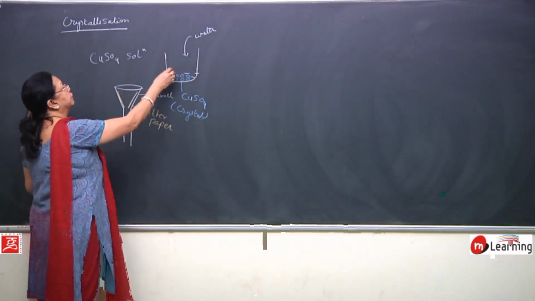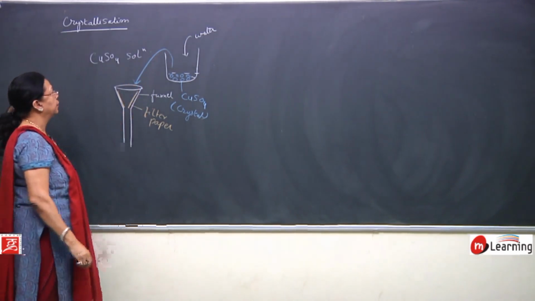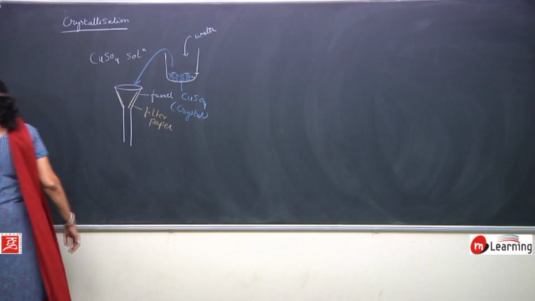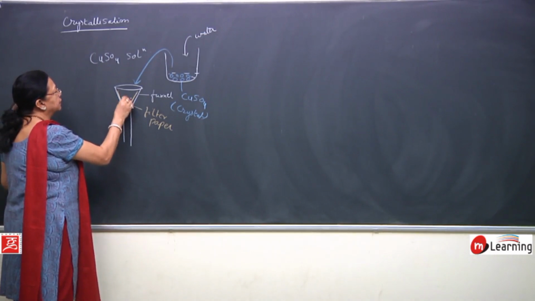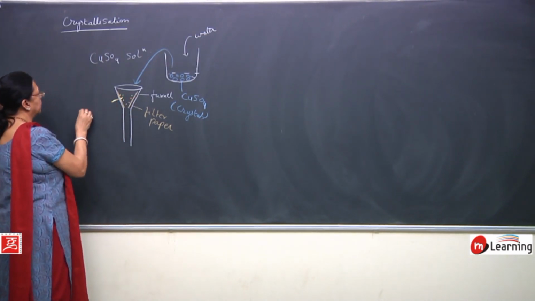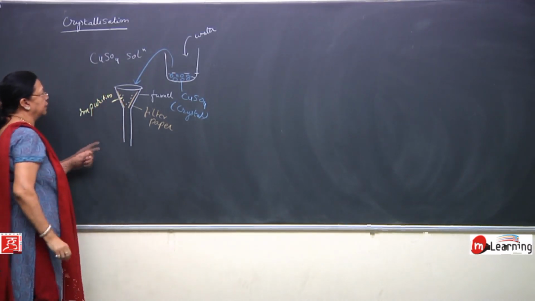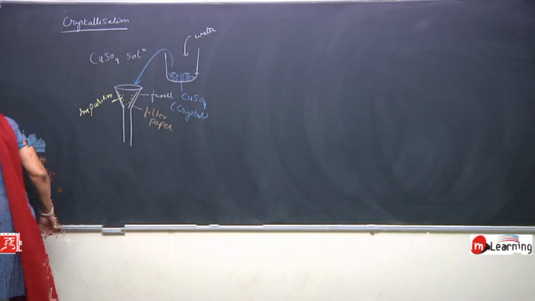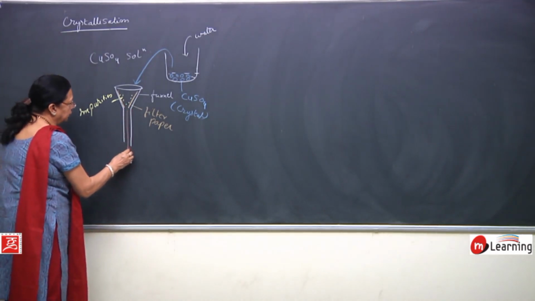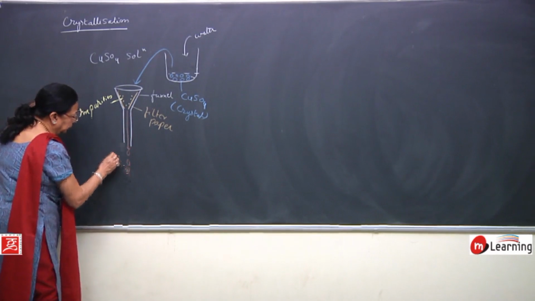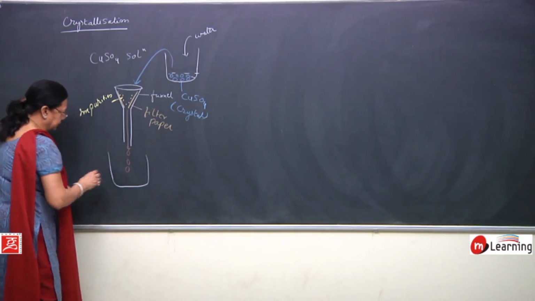Now, this solution of copper sulphate which you have made, you will pour on this. What will happen? All the impurities which are present will come on this filter paper, and the copper sulphate solution will trickle down, and here you can have some vessel to collect it.